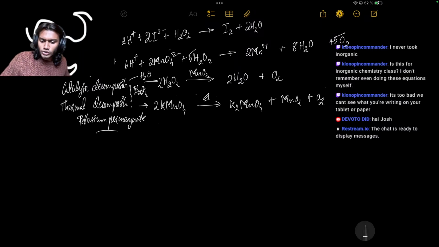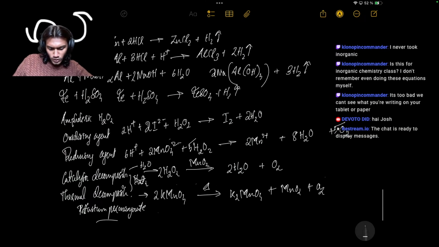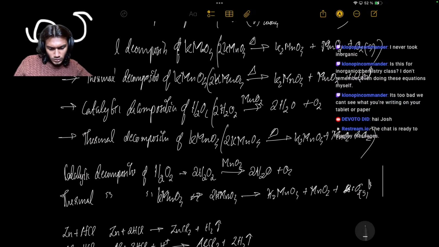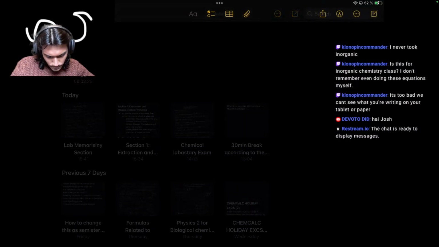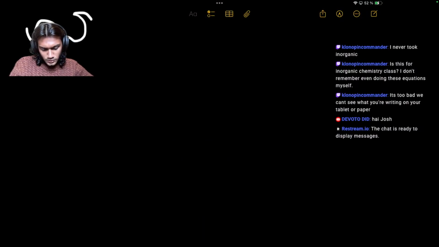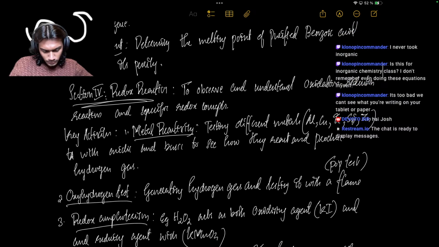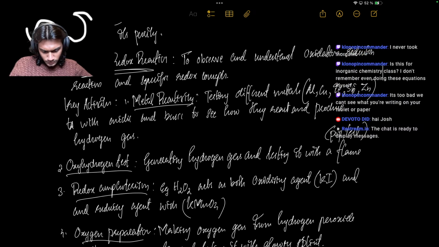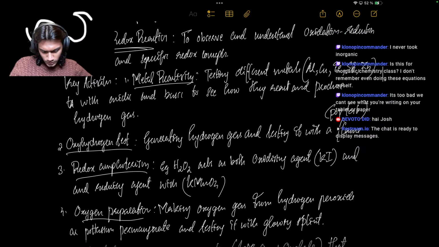It's introductory lab, and this is part of section 4. I could tell you what it is. Let me see. This is part of section 4 where these are redox reactions.